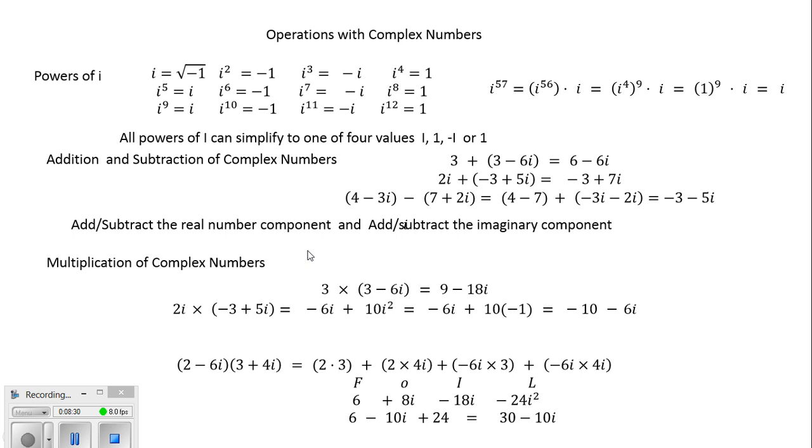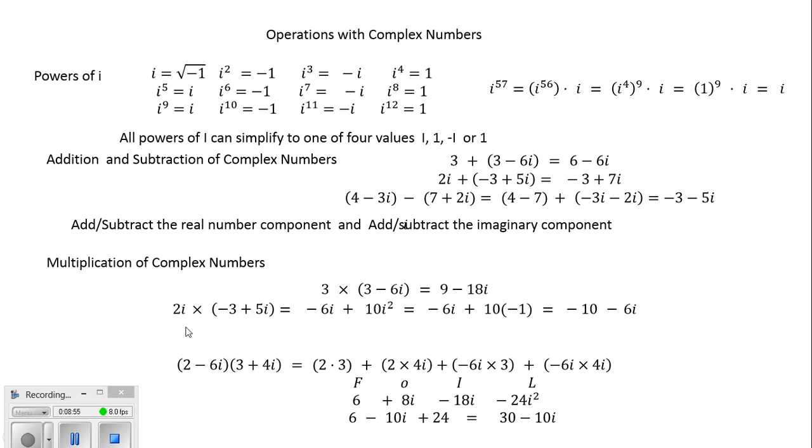Multiplication of complex numbers is a bit more involved, and invariably, for more sophisticated ones, involves the FOIL method. Things like 3 times the complex number 3 minus 6i, we simply distribute the real number over each part of the complex number, and we get 9 minus 18i.